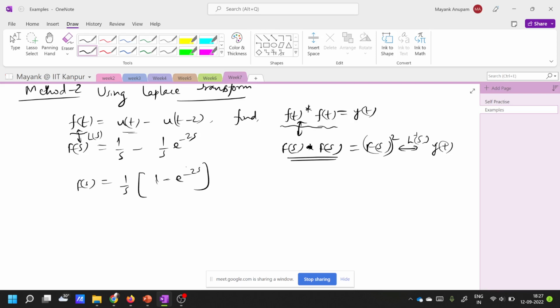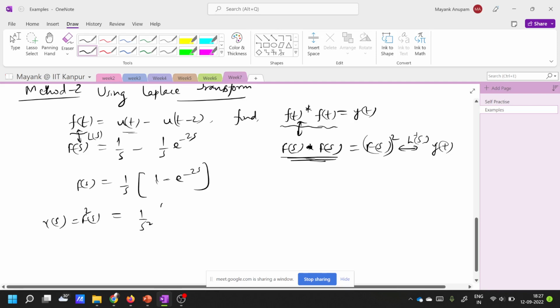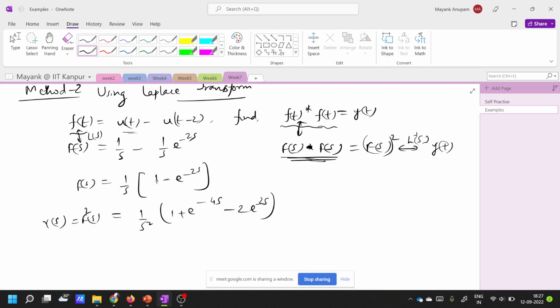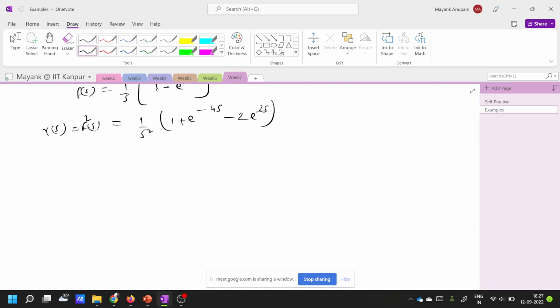Now you have to square it, isn't it? You have to multiply F of s into F of s. So what is F of s square? By the way, this is Y of s, which is equal to 1 by s square multiplied by 1 minus 2 e to the power minus 2s plus e to the power minus 4s. Right? Fine.